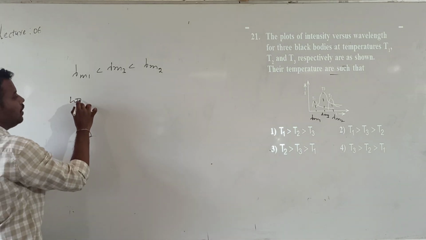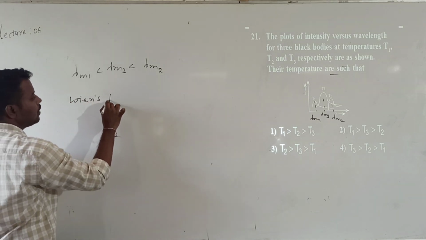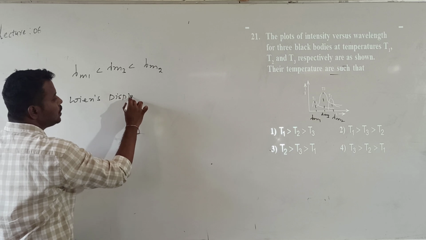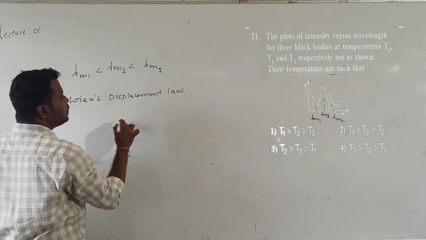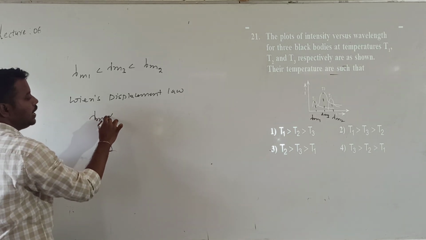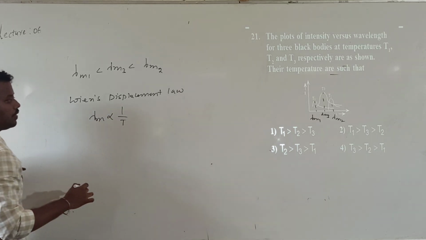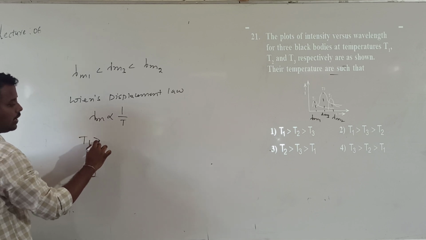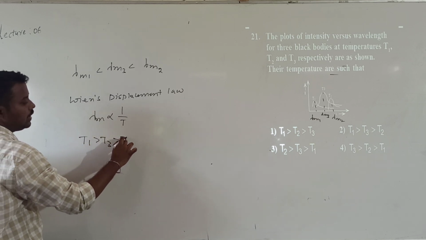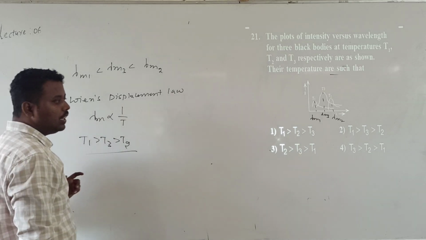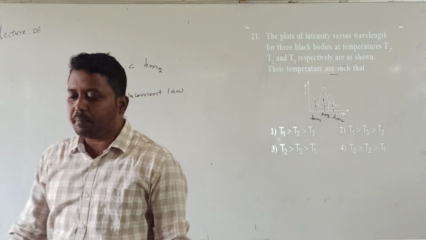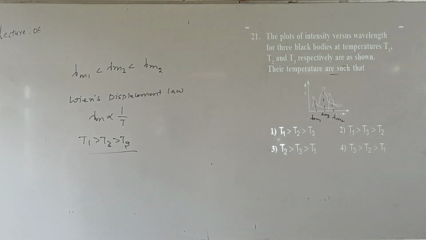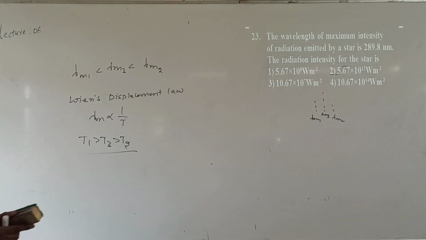According to Wien's displacement law, the wavelength corresponding to maximum intensity is inversely proportional to temperature. Therefore, T1 is greater than T3, which is greater than T2. This is the correct answer. This is question number 21.